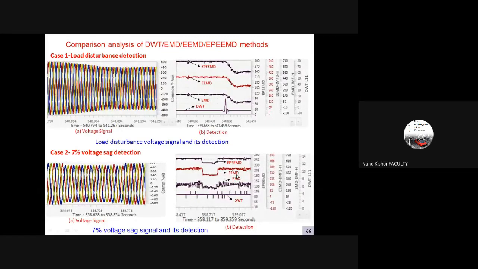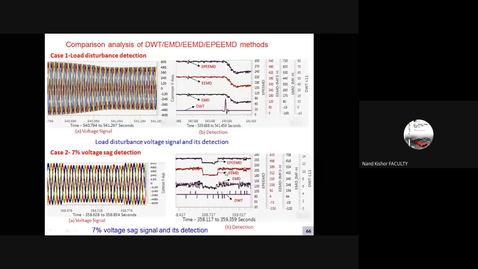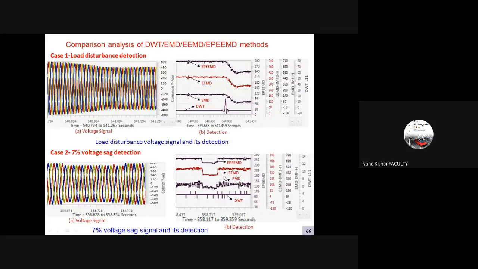However, if you refer to the ensemble EMD and the energy preserving EMD, they are able to clearly and distinctly represent the period of the sag event occurrence. Thus the EPEMD and ensemble EMD are more reliable and accurate in the detection performance compared with the other two techniques.